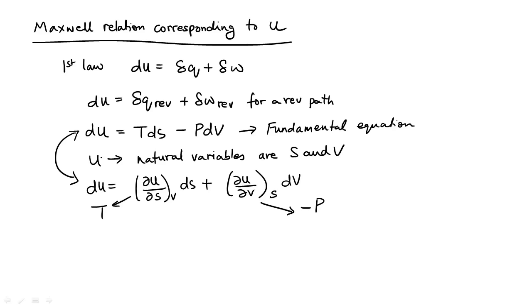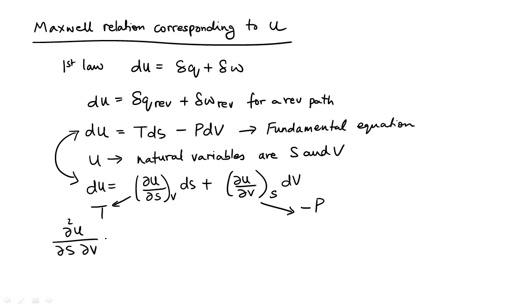The final step to derive the Maxwell relation is to use the fact that the second derivative of the state function with respect to the two variables is symmetric.